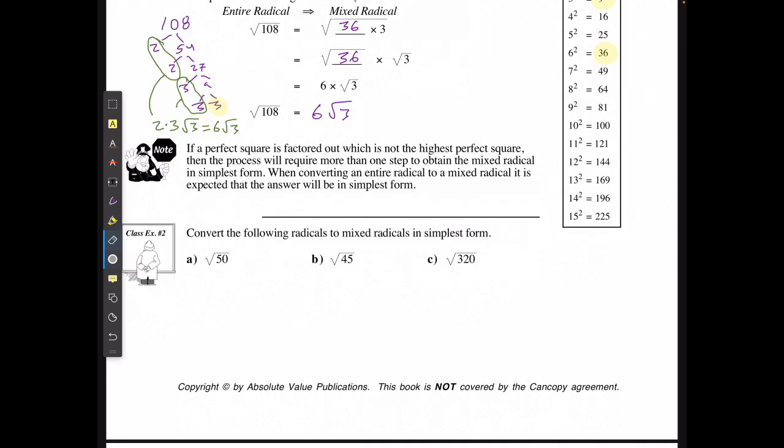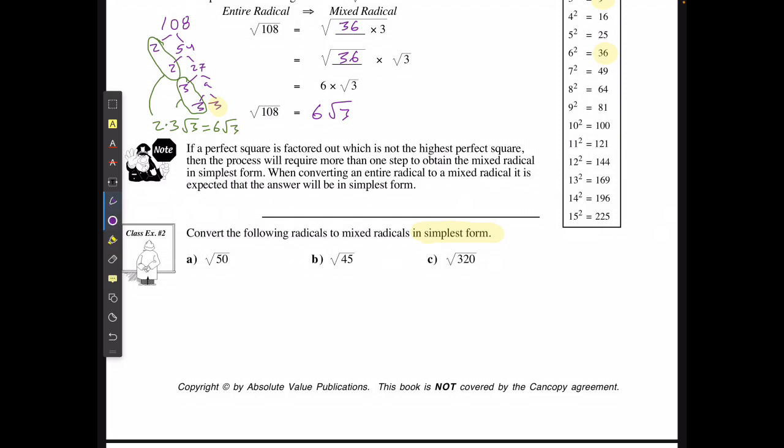So if I'm converting these two radicals to mixed radical in simplest form, in this term it means divide out the biggest possible perfect square. So for 50, there's only one perfect square that works.